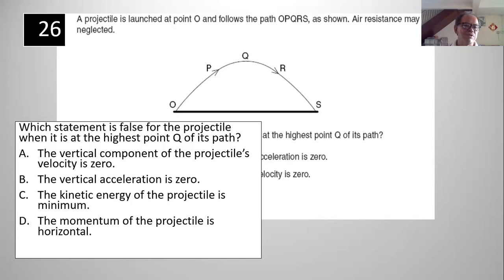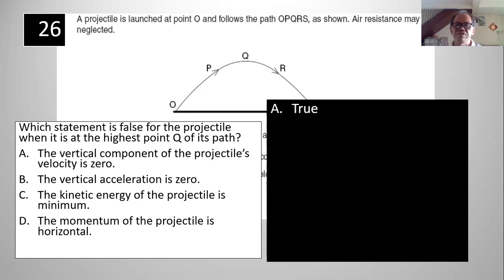Okay, I modify the question. Same question as before: which statement is false for the projectile when it's at the highest point Q of the path? We want the false statement, the untrue one. Vertical component of projectile velocity is zero: this is true. Vertical acceleration is zero: no, this is false.